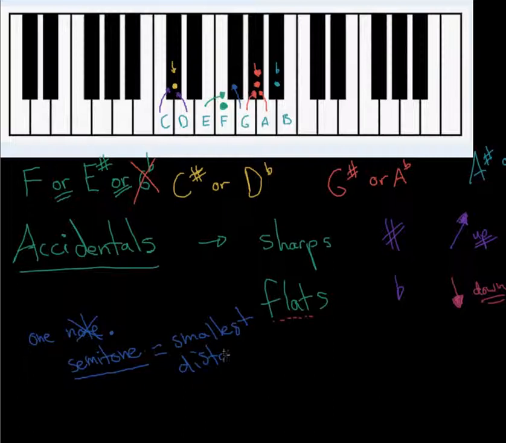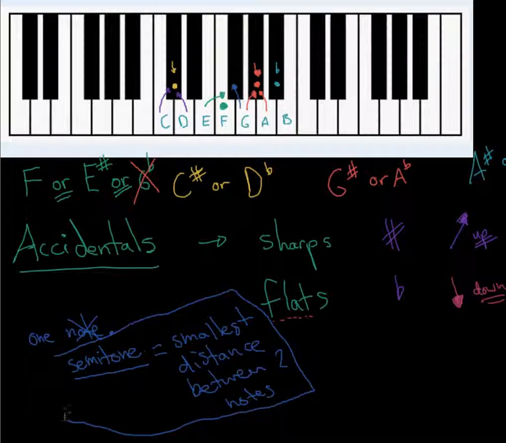distance between two notes. Okay, technically you can have quarter tones. But for the purpose of this video, we are going to be relying on this definition of a semitone, the smallest distance between two notes.